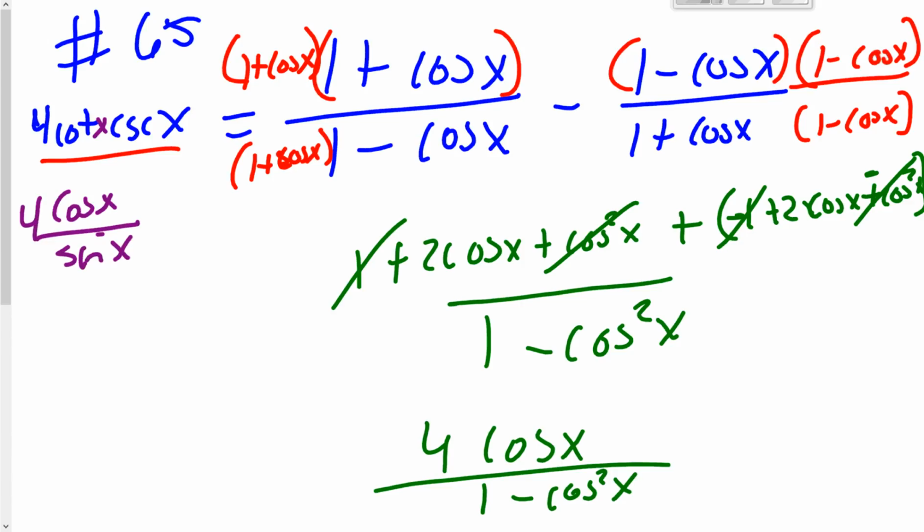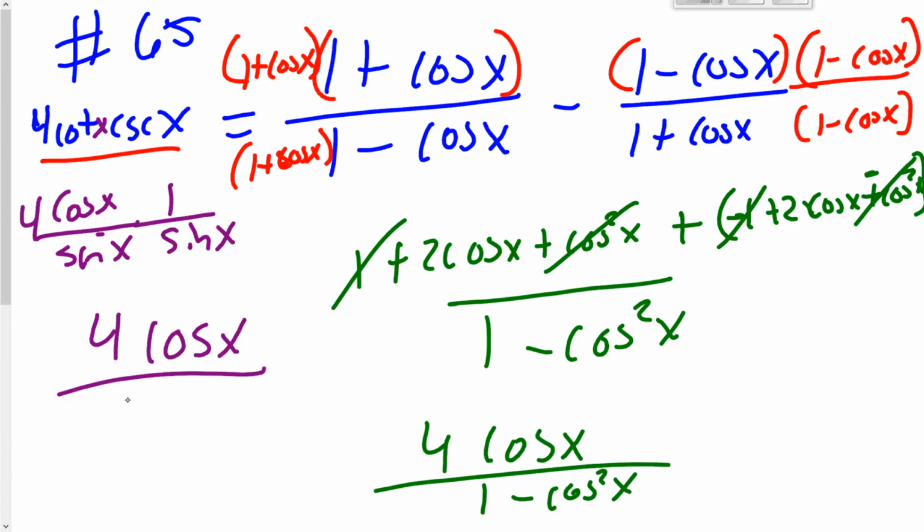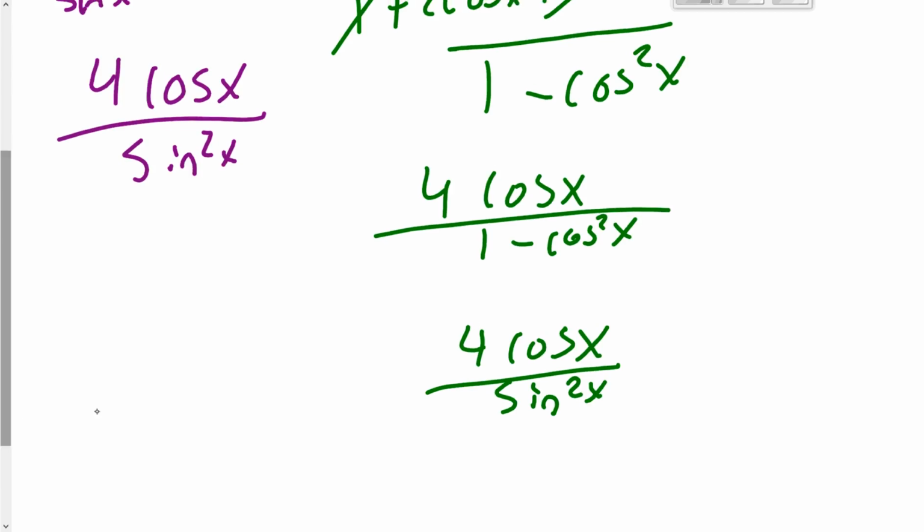And there's 4 of them, so you can put that 4, just leave it on top. And then cosecant is 1 over sine. And then sine times sine, so 4 cosine x on top. And then sine times sine is sine squared x. And is that what we need? Yep. So left hand side does equal right hand side.